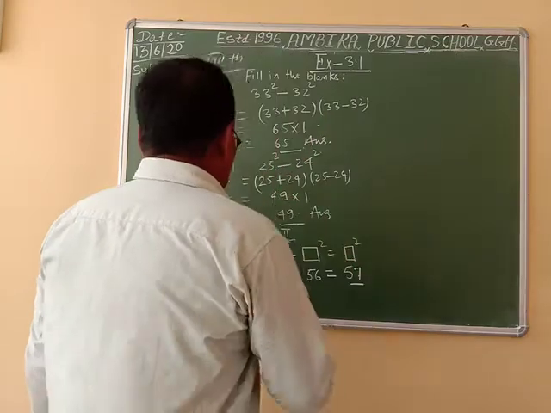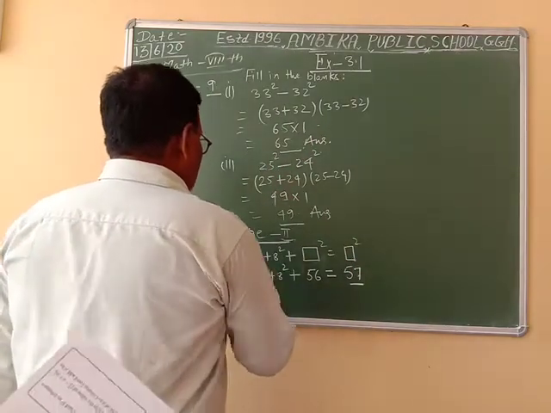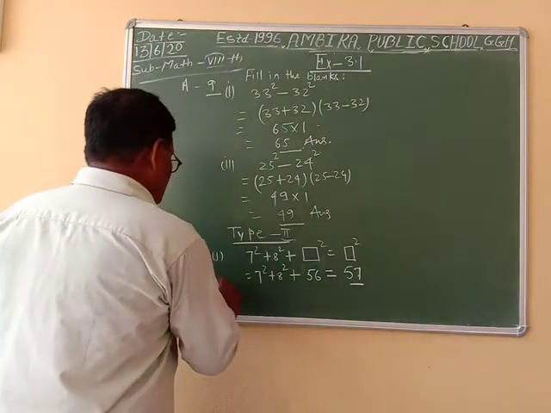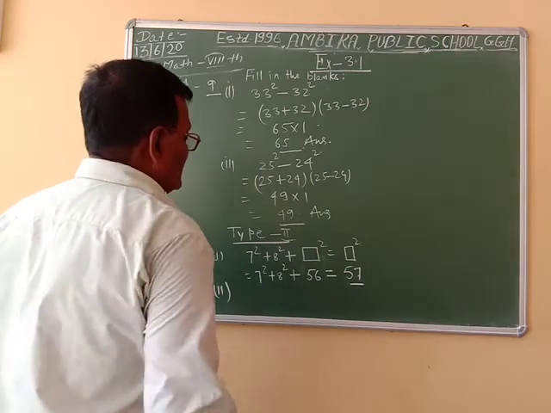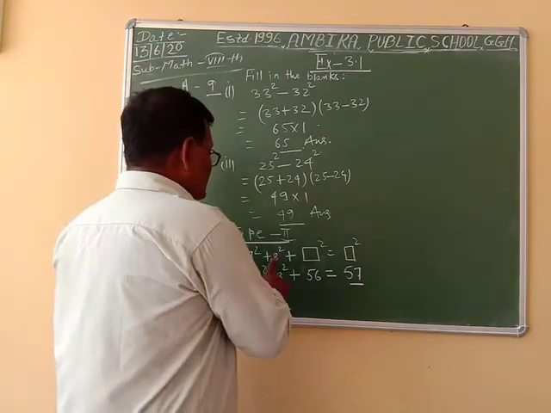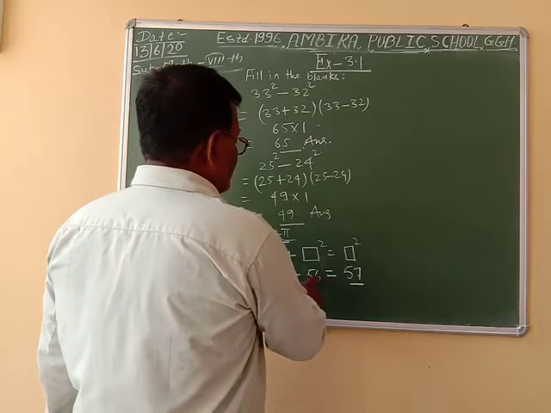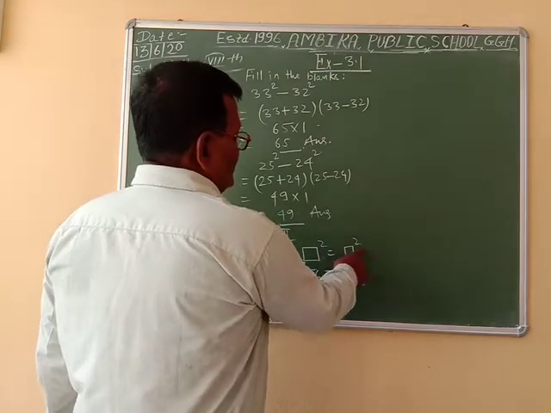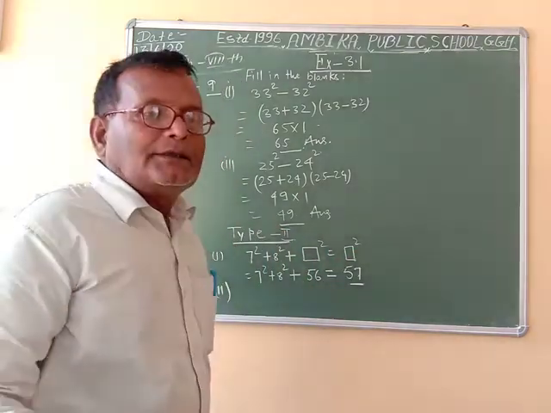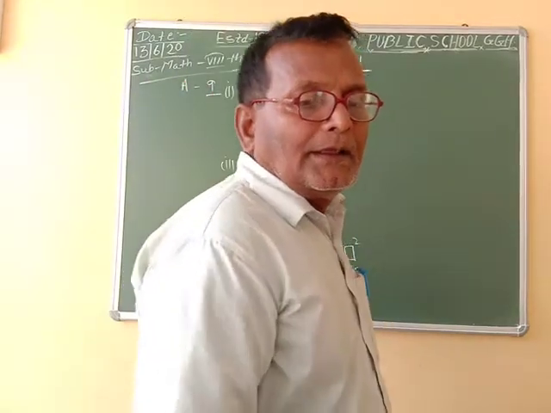Using the formula given in your book, 7 into 8 is equal to 56, square equals 57 square.